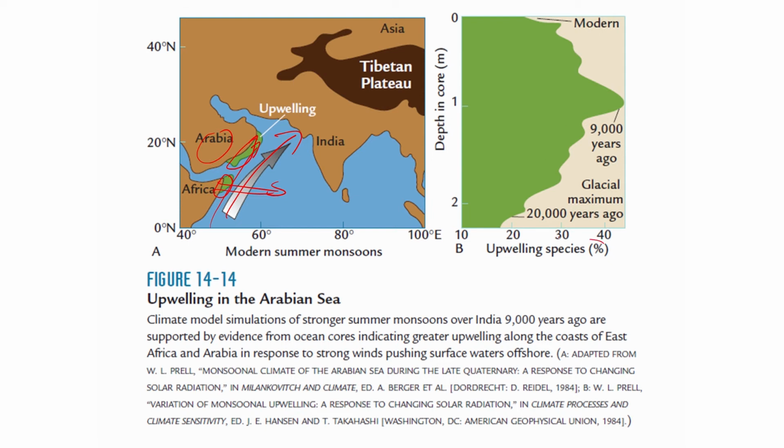The upwelling species began to increase because the monsoon got stronger to about 9,000 years, and then they have dropped to the current level because this monsoon wind is putting a signature in upwelling and hence biological production and hence the geochemical signatures in delta O18, calcium carbonate and so on.